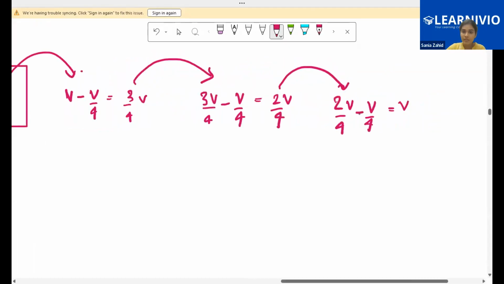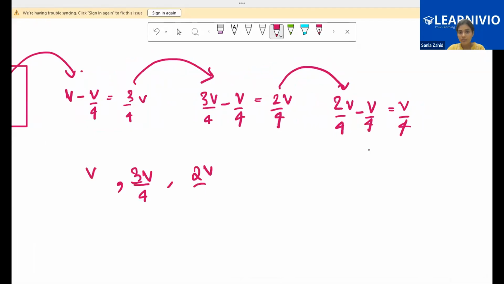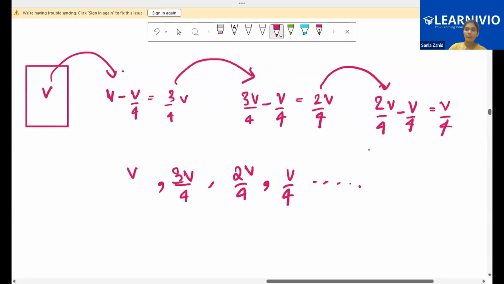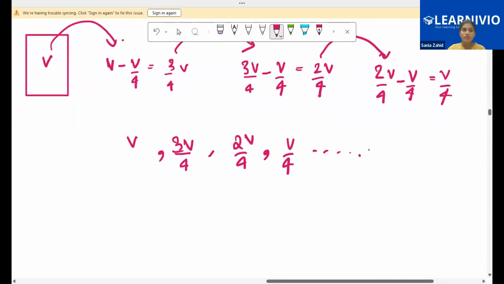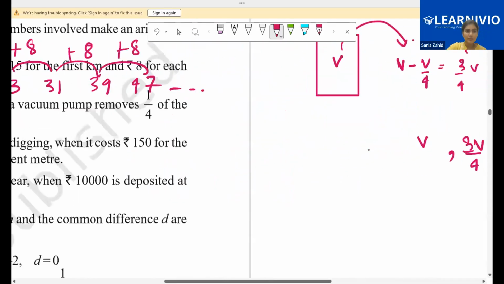Now what is the series that we get? We get V, 3V/4, 2V/4, and then V/4. So tell me, is it an AP or not? It's an AP, right? So the second one is also forming an AP.